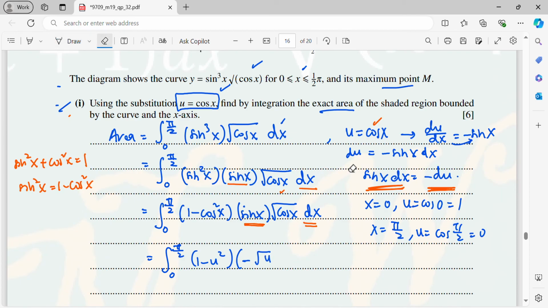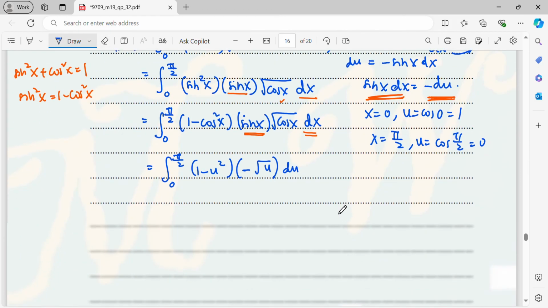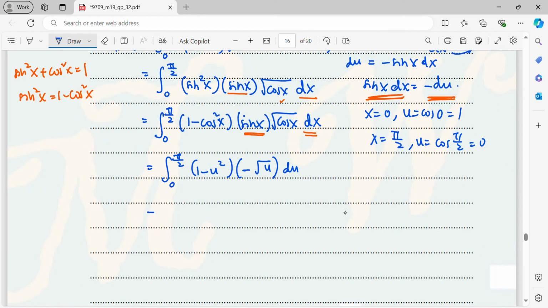So you are getting this now. Now the negative can be taken out. So negative integral, okay, the limits must change accordingly. So no more 0 to half pi. Because when x is 0, your u is 1. When x is half pi, your u is 0. Okay, so 1 to 0.